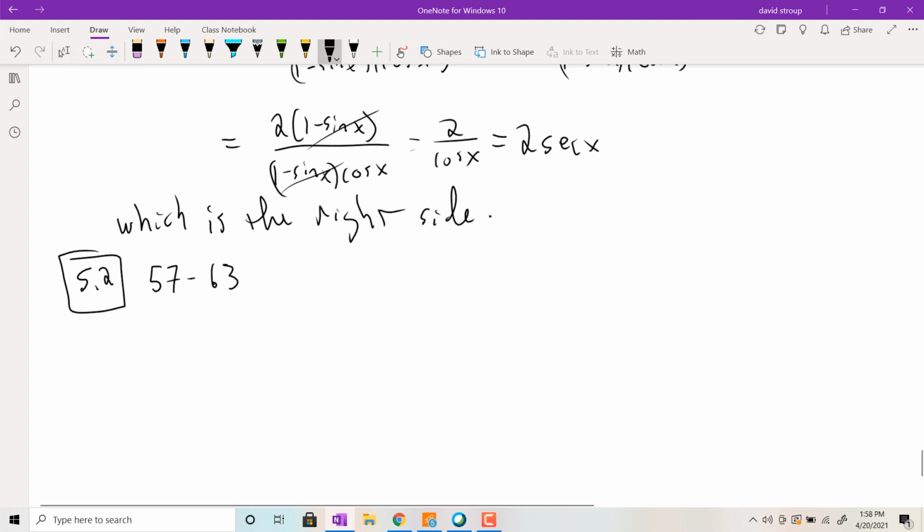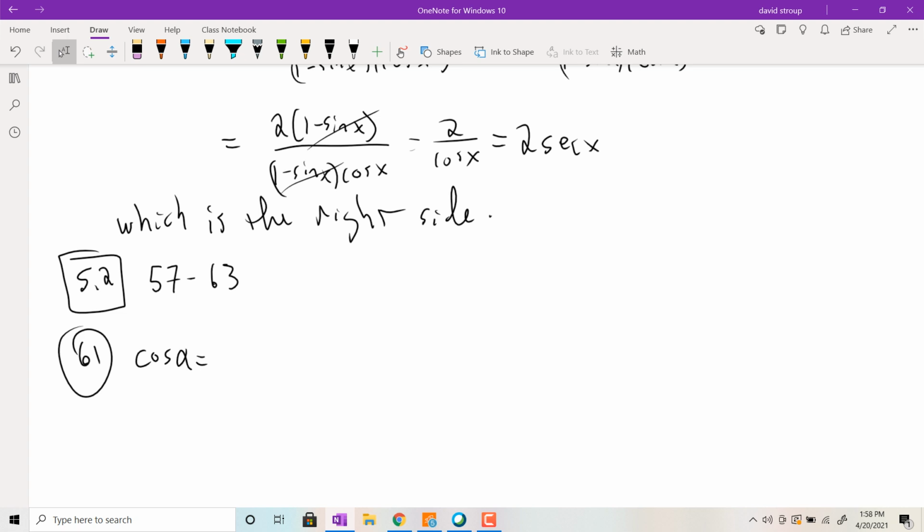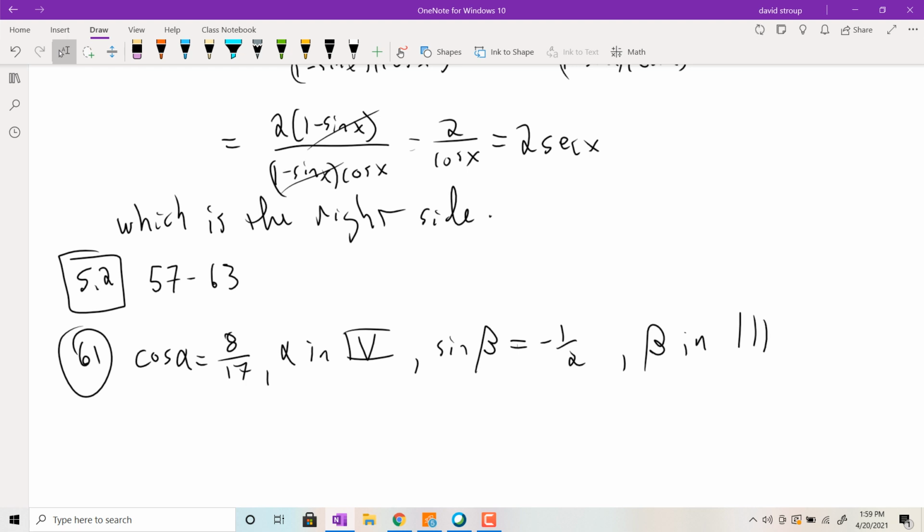Okay, so 61. They give you, it's like a puzzle question. They give you information, and you have to find some things. So first off, they tell you cosine alpha is 8 over 17, and alpha is in quadrant 4. Then they tell you the sine of beta is equal to negative 1/2, and beta is in quadrant 3.